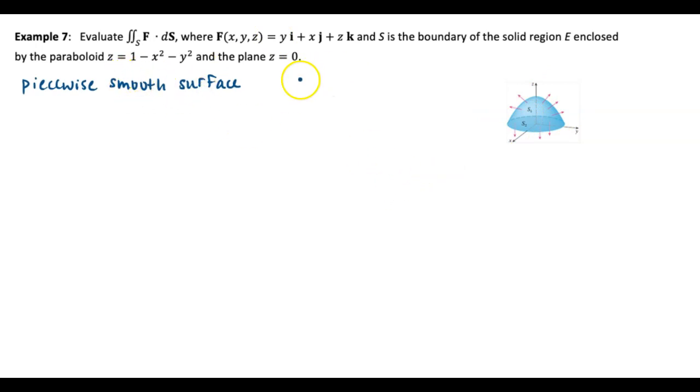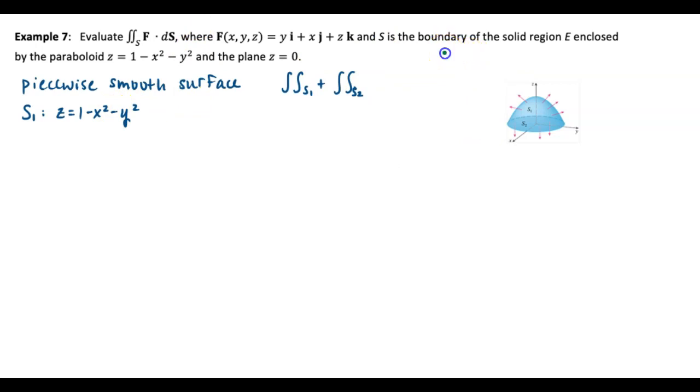Let's start with S1, because this is going to be the double integral over the region S1 plus the double integral over the region S2. Starting with S1, we've got the paraboloid z equals 1 minus x squared minus y squared. Because z is written as a function of x and y, we can use this formula here.